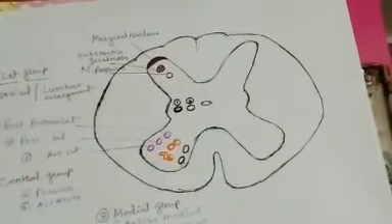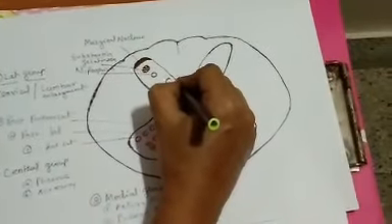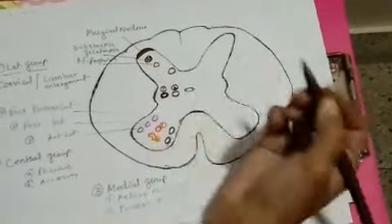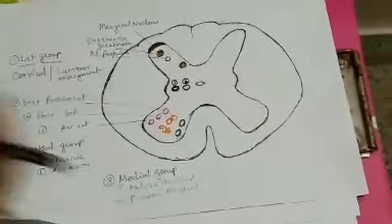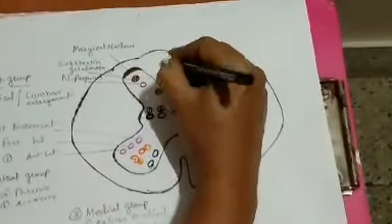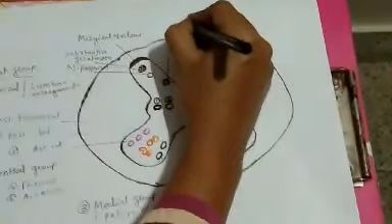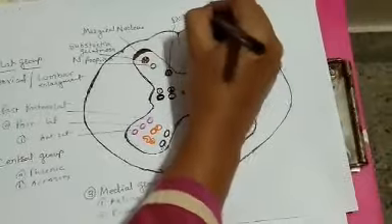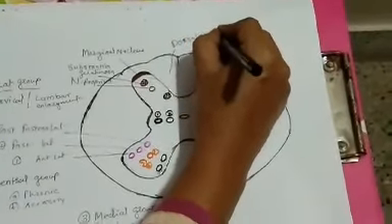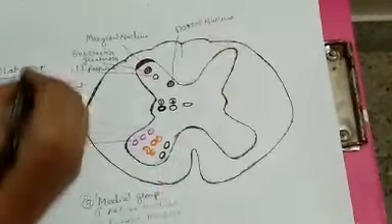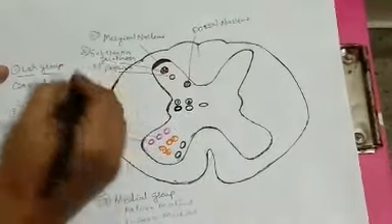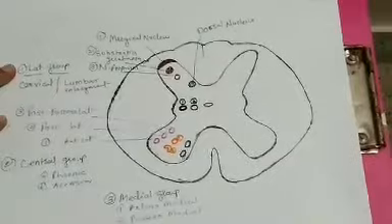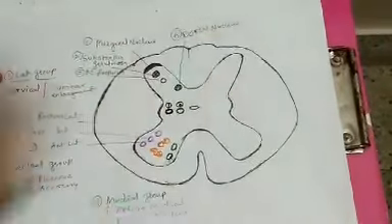And fourth is at the base of posterior gray horn toward the dorsal side, so it is called dorsal nucleus. So first is marginal, second is substantia gelatinosa, third is nucleus proprius and fourth is dorsal nucleus.